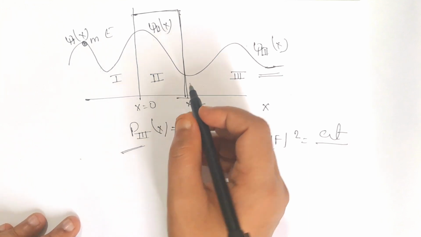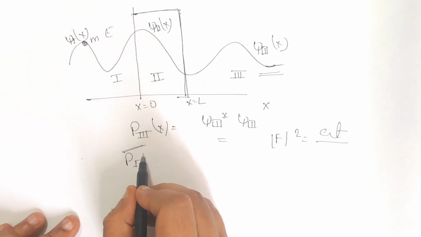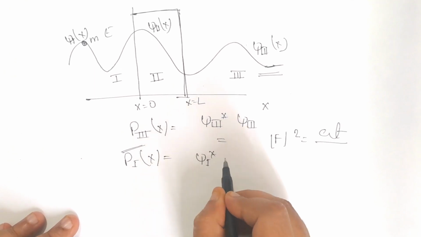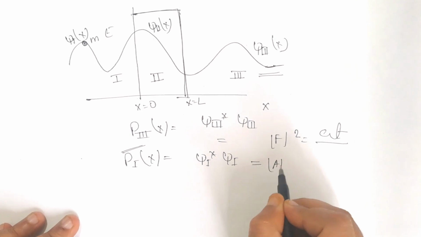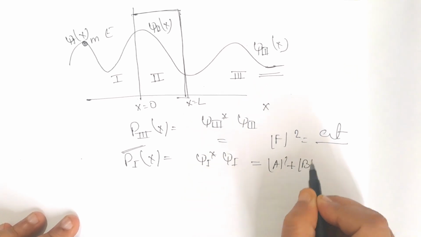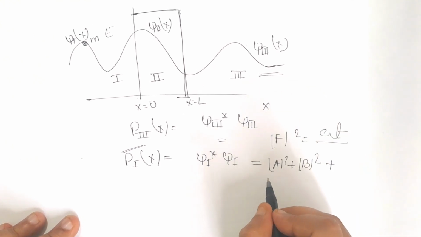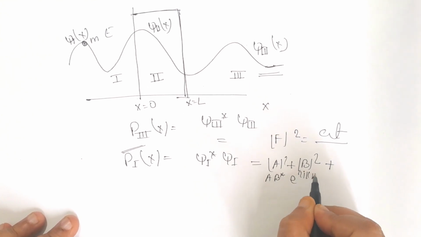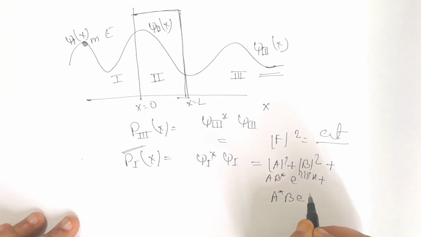And if we calculate the probability at region 1, P1(x), we will get ψ1 star ψ1, which is a square plus b square plus a b star e to the power i k x plus a star b e to the power minus 2 i k x.